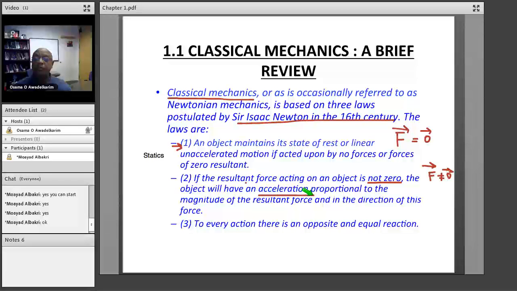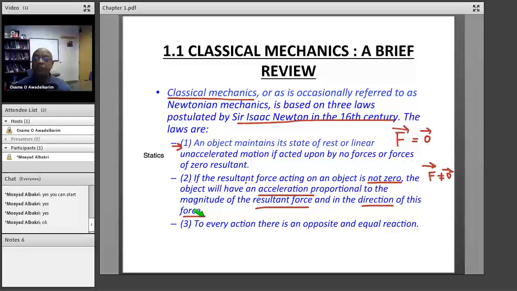And this acceleration is proportional to the magnitude of the resultant force. And the direction of this acceleration is the direction of the force. So what we are saying now, if the force becomes non-zero, then we have motion, or we have an acceleration.